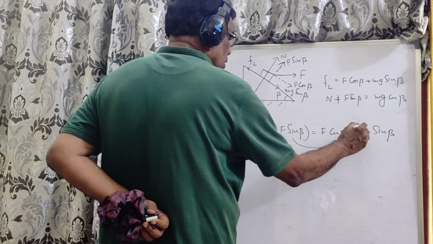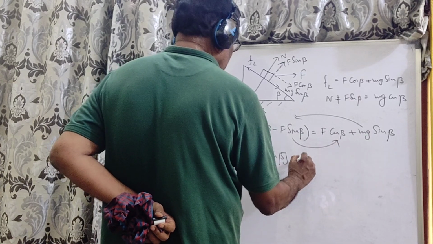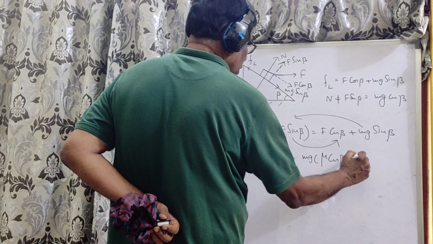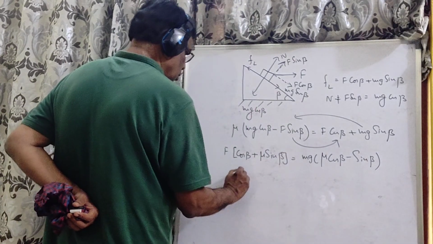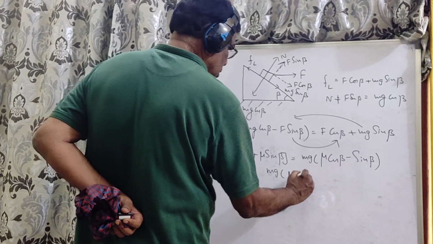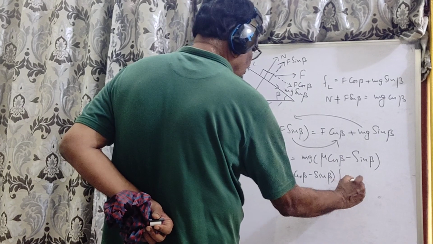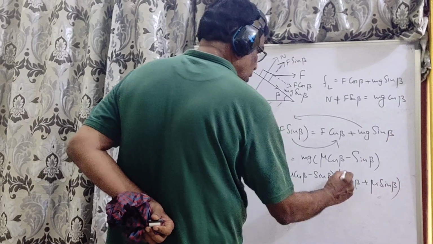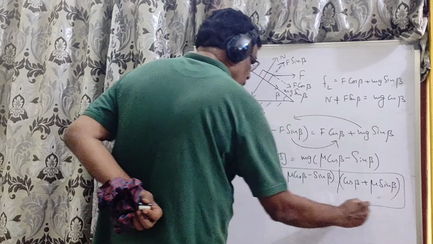This is taken onto this side and this is brought onto this side. So you get mg into mu cos beta minus sin beta. So your F is equal to mg into mu cos beta minus sin beta, by cos beta plus mu sin beta.